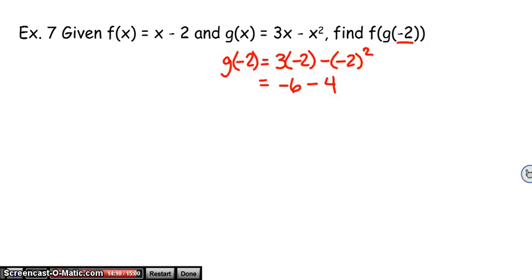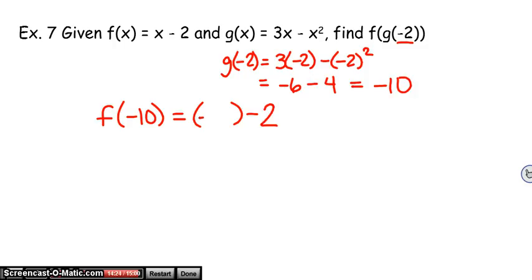So it's going to be negative 6 minus positive 4 is equal to negative 10. Okay, so then that answer we need to plug into the f function. F of negative 10 is equal to negative 10 minus 2. This is the f function, x minus 2. So f of g of negative 2 is equal to negative 12.